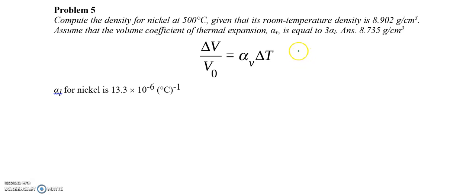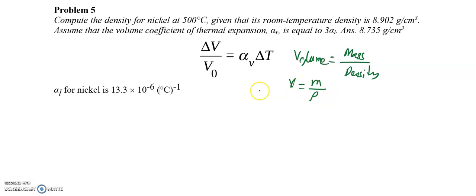So we know the volume density relationship: volume for a given mass is equal to mass over density. If you represent volume by V, mass by M, and density by rho, then V is equal to M over rho.